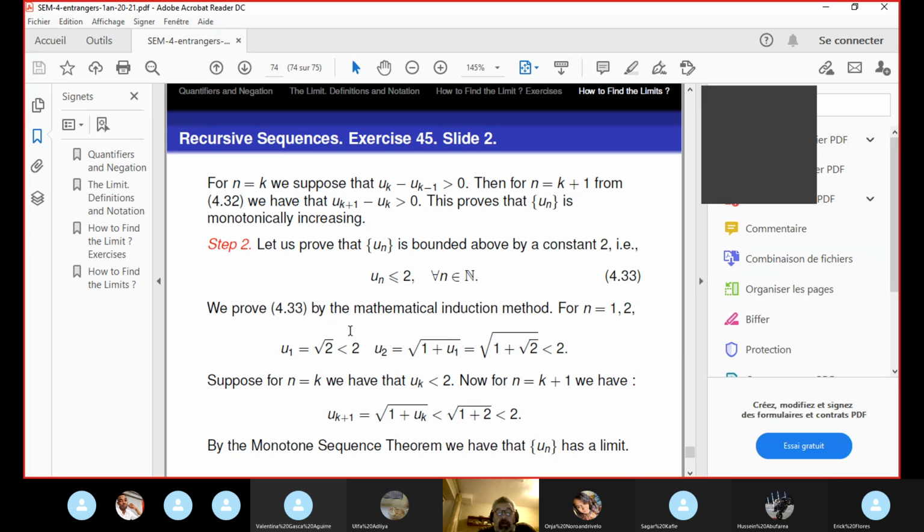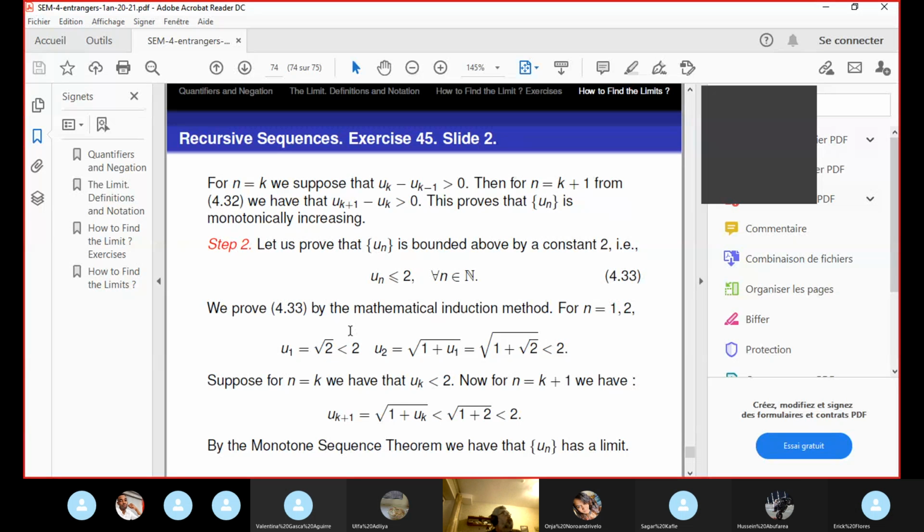For example, the base of induction, because we make use in this proof of the mathematical induction method. As for n equals 1 and 2, we see that u sub 1 is square root of 2, so less than 2, and u sub 2 is also less than 2. So the base of induction is good.